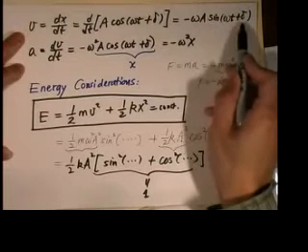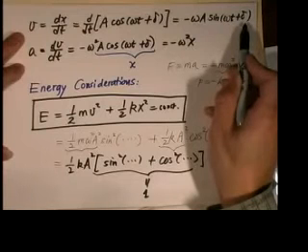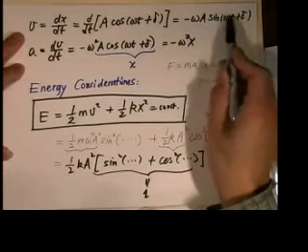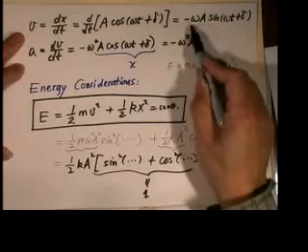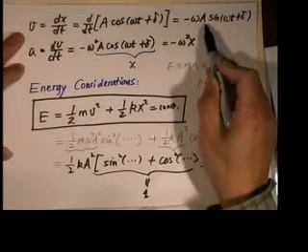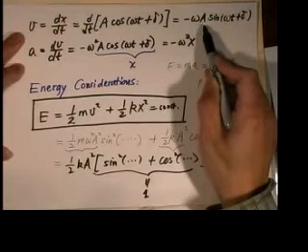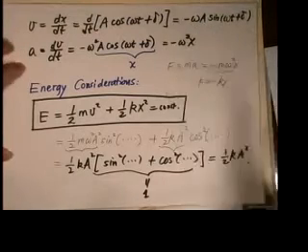Plus or minus 1. So what is the absolute value of the greatest speed? That's when you take the sine function and let it equal 1. Don't worry about the negative sign because I'm looking for the magnitude. So what's the answer? Omega times A. So indeed, this is correct. Whether you use conservation of energy or use dx/dt directly to find the speed, the maximum speed is always equal to omega times A.